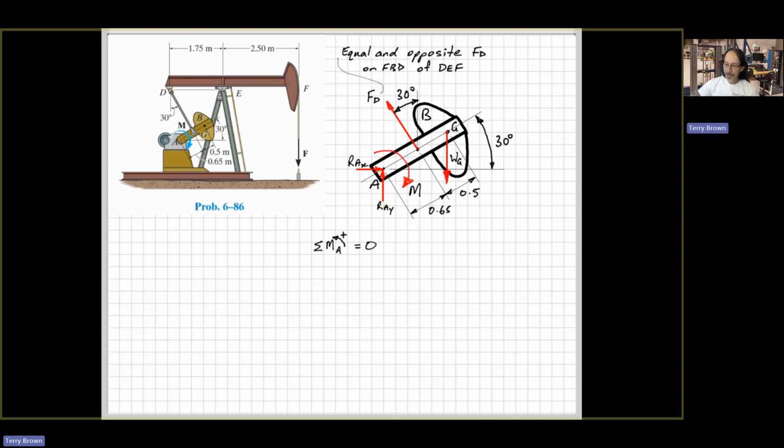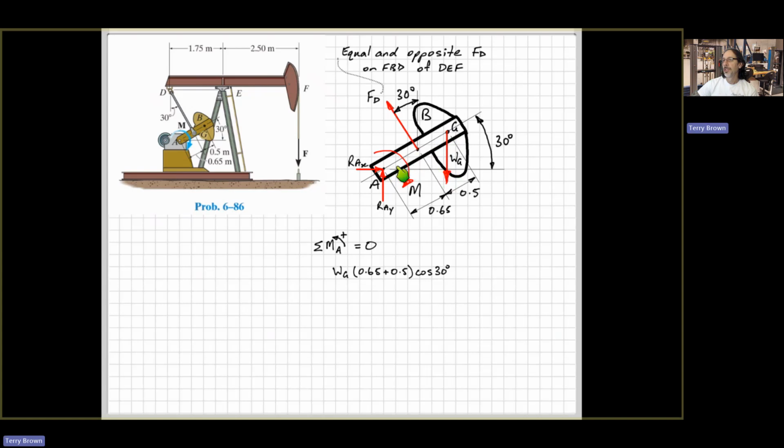So taking moments about point A, we can work out what M is going to be. All right, so WG times 0.65 plus 0.5 times cos 30. So what I've done here is to find the perpendicular distance from the line of action of WG to point A. Okay, so this length here from A to G is 0.65 plus 0.5, and we want this length at the bottom of that triangle down here.